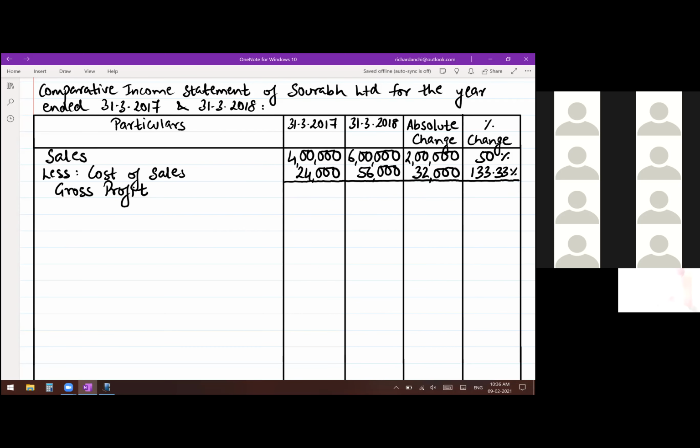Yes, one of you tell me what is the deduction. 4 lakh minus 24. How much? 3,76,000. Then 2018 column.